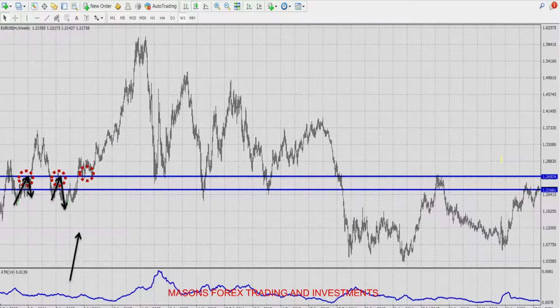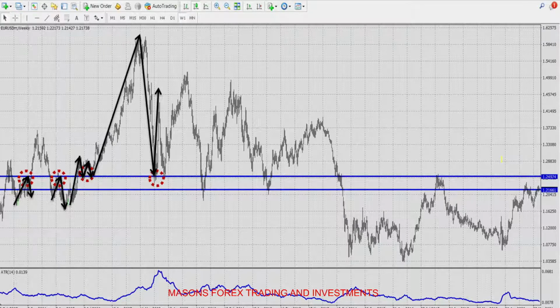We've identified another level. Price gets supported at this specific level and it moves much higher. You can see price reacts again from this identified level.